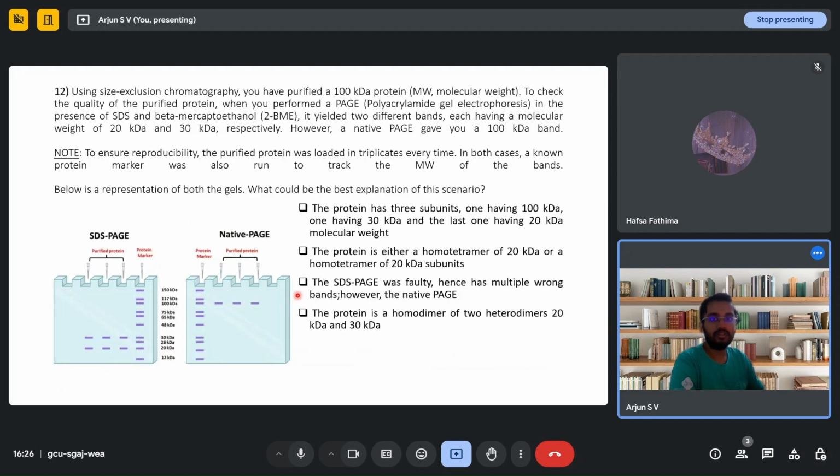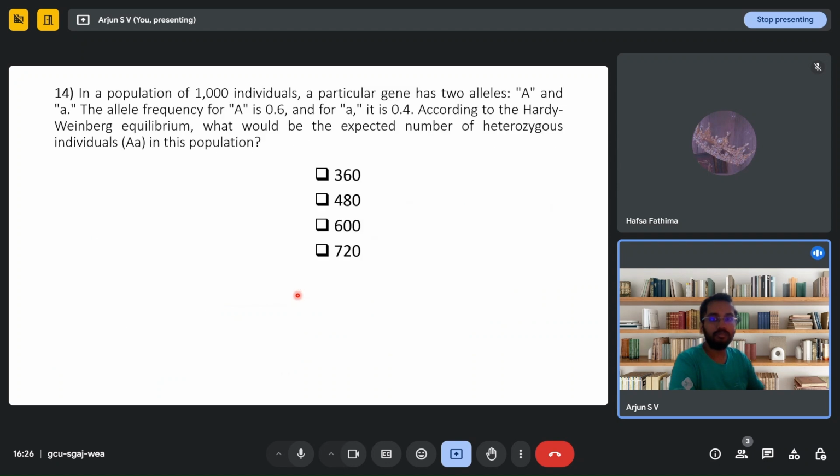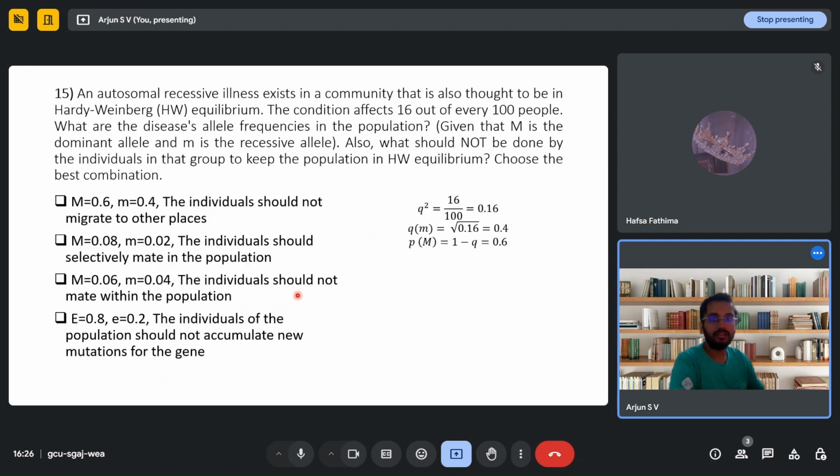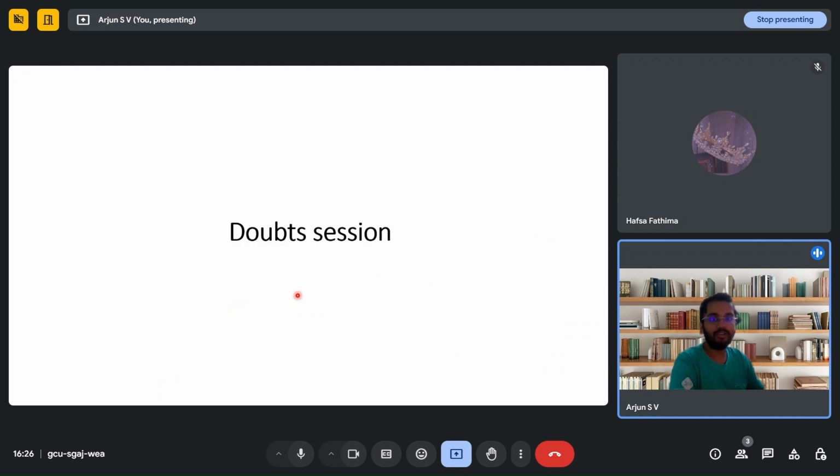So all of these are problem-based sums. So that's all I have for the problems.